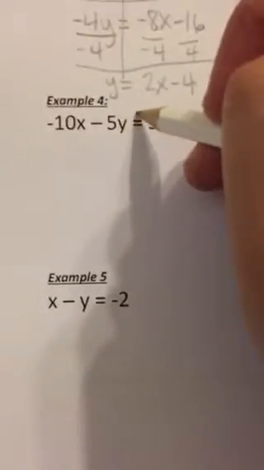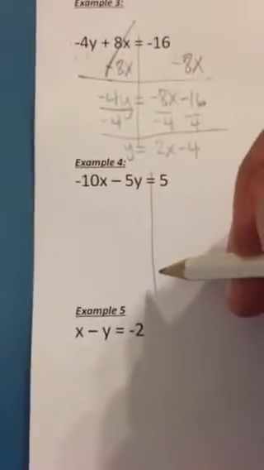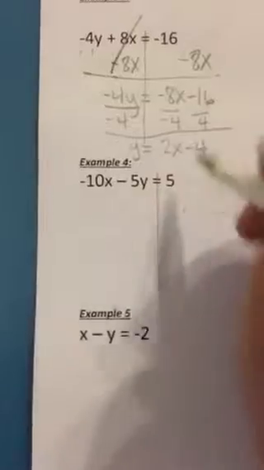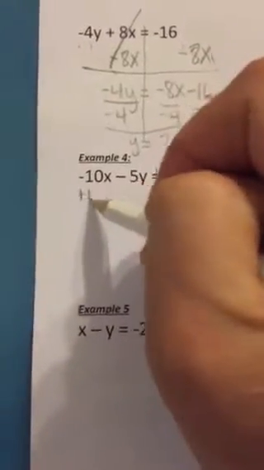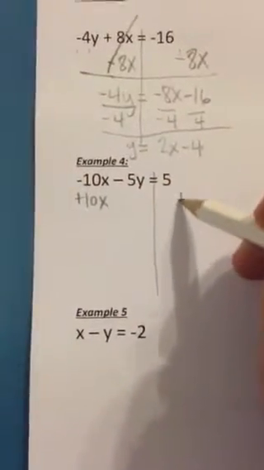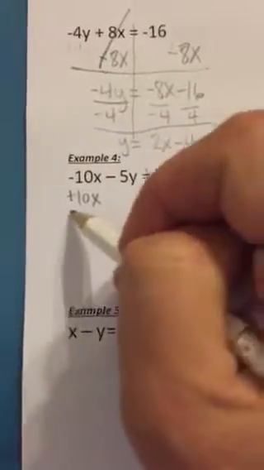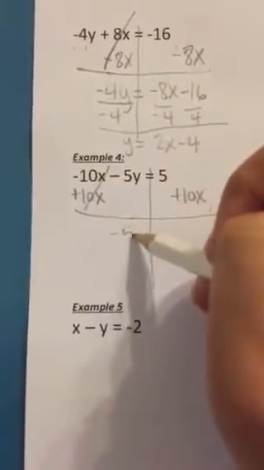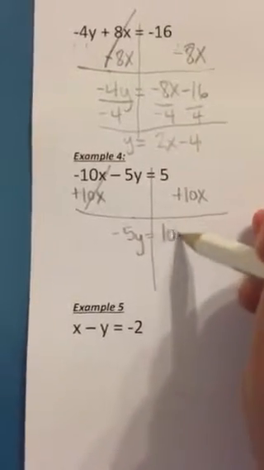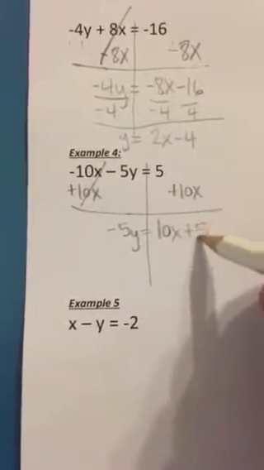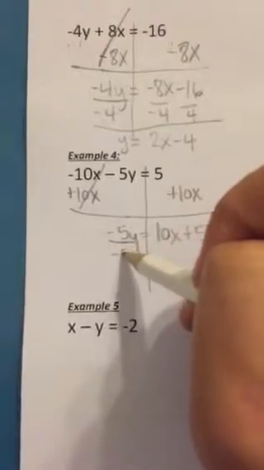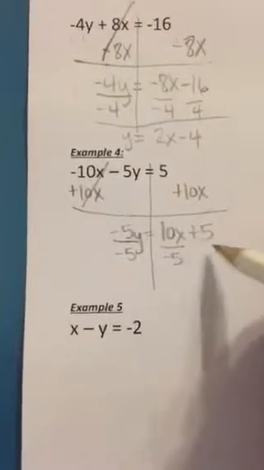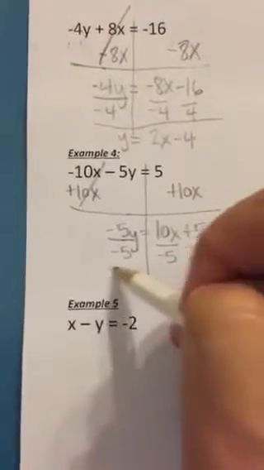Okay, this next one is that same way. So I'm going to have to move my 10x over here. So add 10x to both sides. And I get negative 5y equals 10x plus 5. Divide everything by negative 5 since it has a negative sign in front of it.